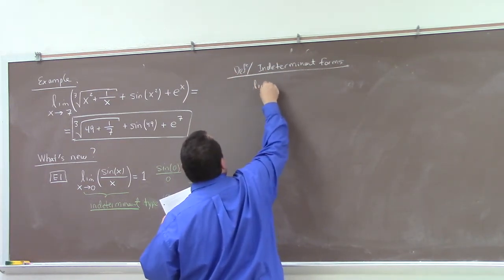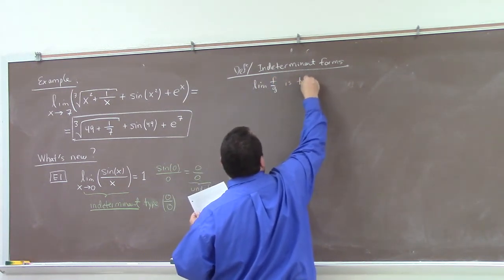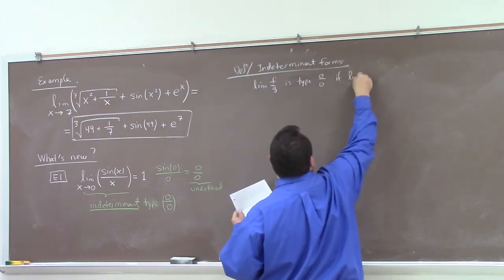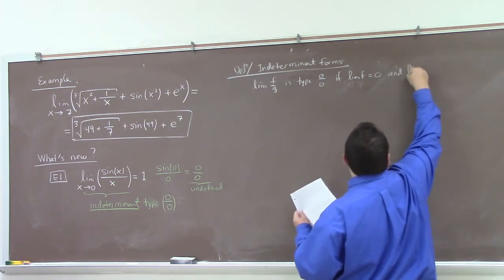Limit of f over g is type 0 over 0 if the limit of f equals 0 and the limit of g is 0.